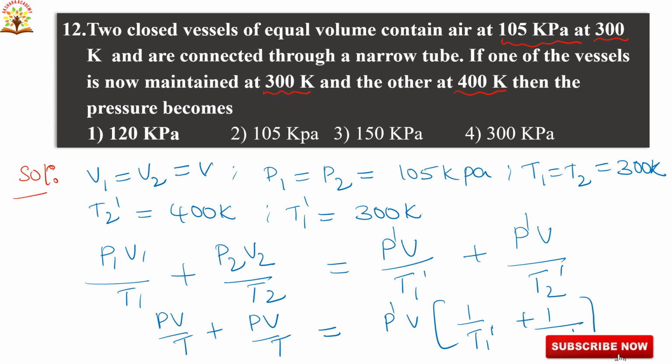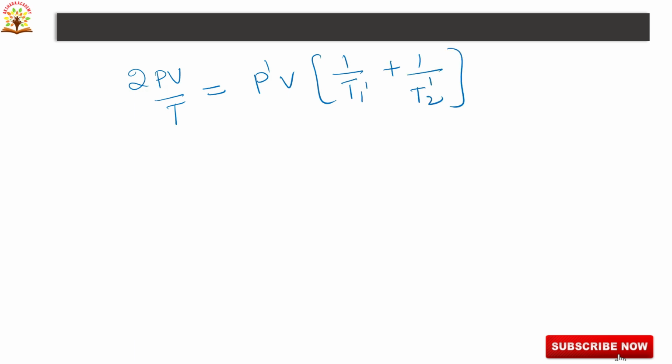Now PV by T plus PV by T we can write as 2PV by T is equal to P dash V of 1 by T1 dash plus 1 by T2 dash.